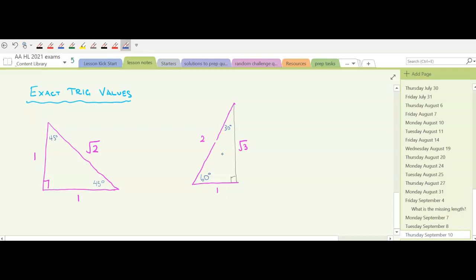And the way I remember these is I just have a visual of these triangles. When I was a student, I used to write them down all the time, but now I can just picture them in my mind, and I can see where the opposite and the adjacent sides are.